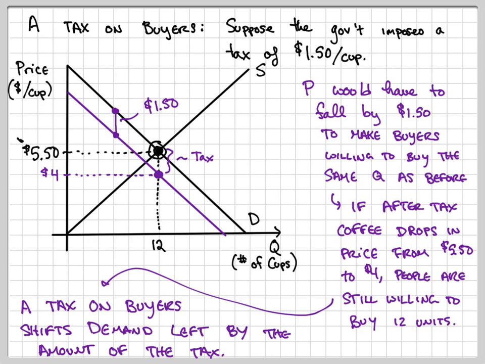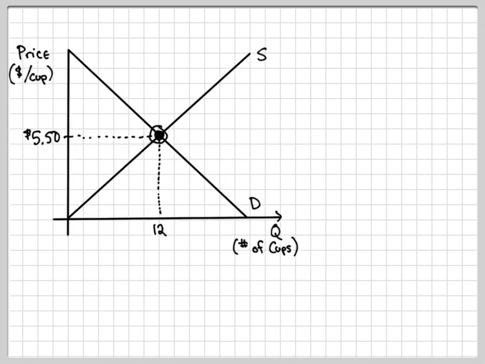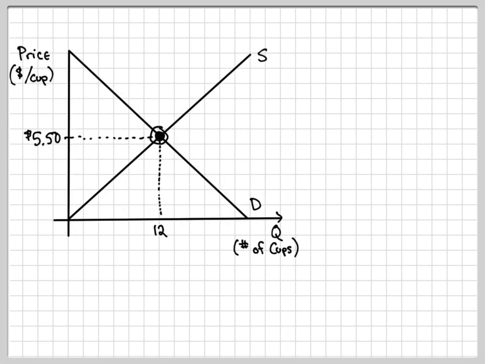All right, so now let's think about what happens in the new equilibrium. So I'm going to redraw this on the next page. So here we have our supply curve and our demand curve. And here we have our shifted demand curve that's been shifted by the amount of the tax. Like that.